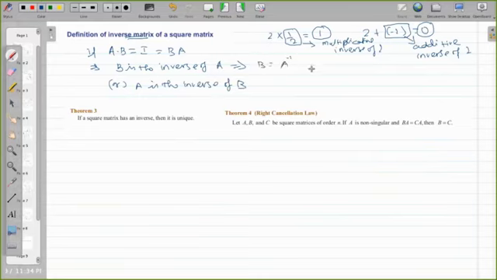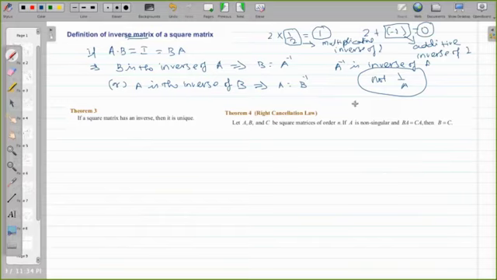We will represent the inverse of the matrix as A inverse. Children, A inverse is the inverse of A only, not 1 by A. Be very careful. It is just the representation. This implies here A equals B inverse. Children, it is not 1 by B. Please do remember this always.